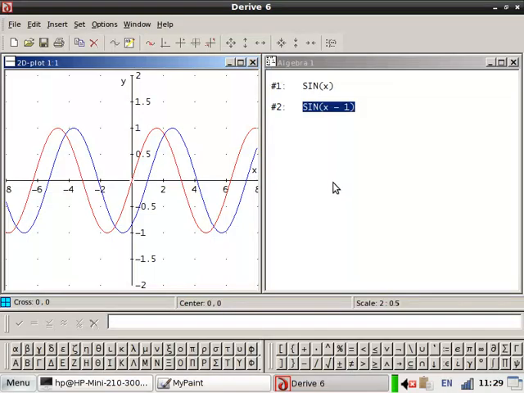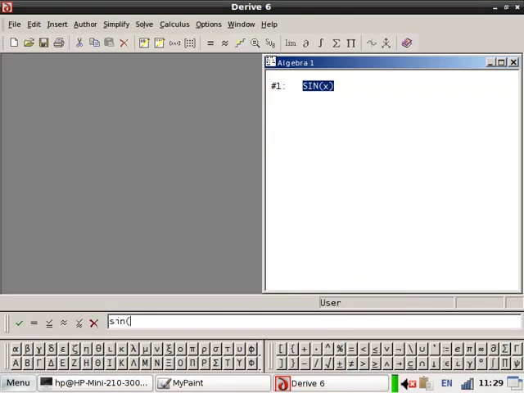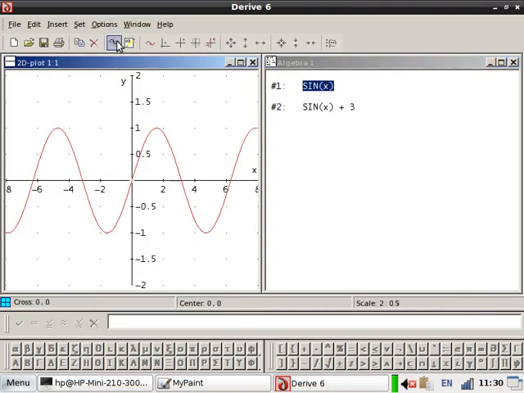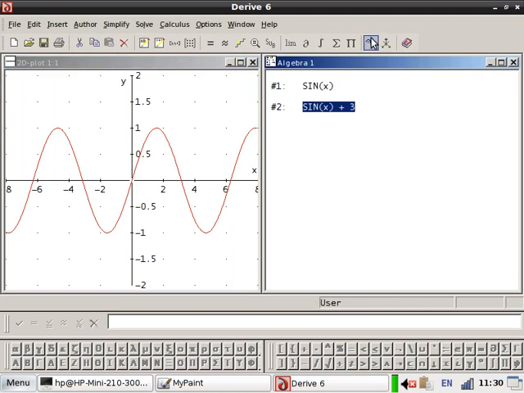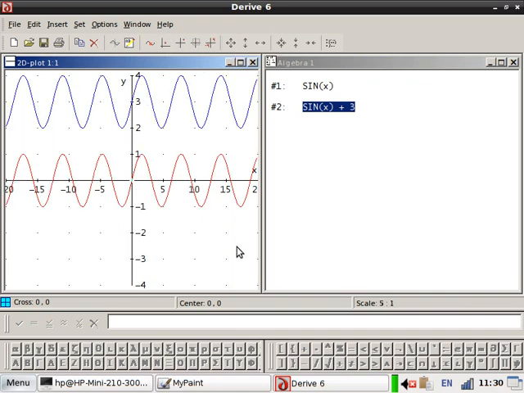So, for example, zoom out. Moves it up. Okay, got that?